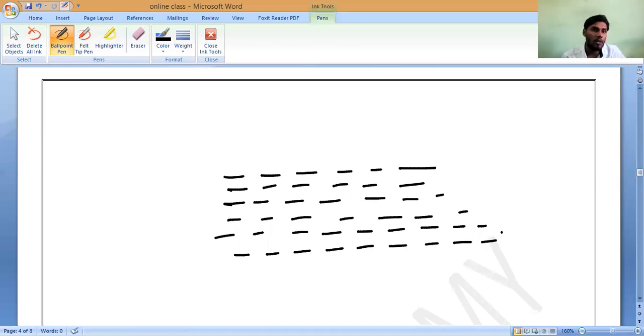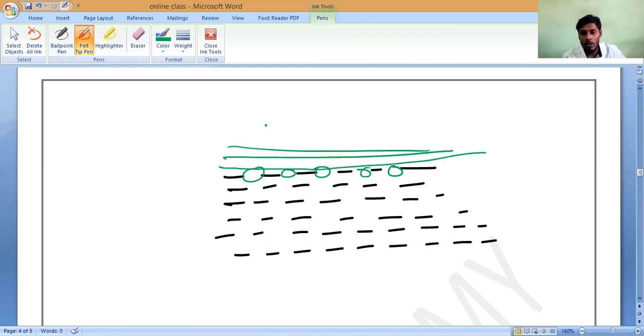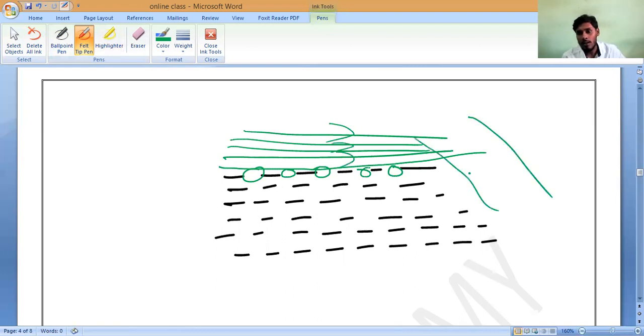So whatever water is coming will flow continuously on the surface, yes or no? It will flow like that and enter directly into the rivers.